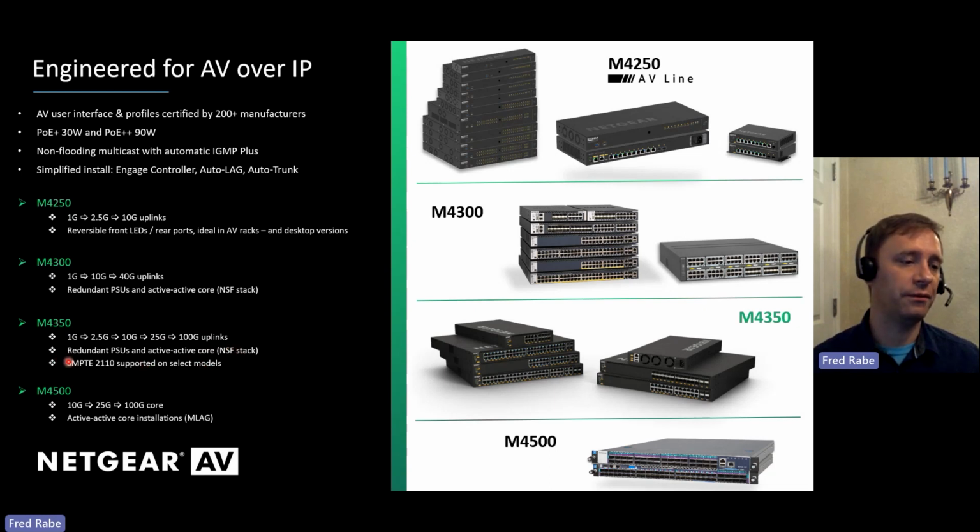These are also made for redundant power supplies and active core, meaning you have multiple switches that are acting in a redundant fashion. We will see more commercial application for these with the possibility of some residential because there are models that will give you multi-gig and PoE.